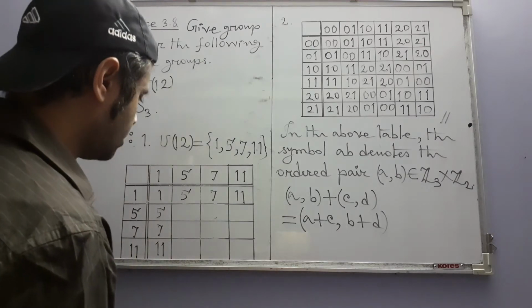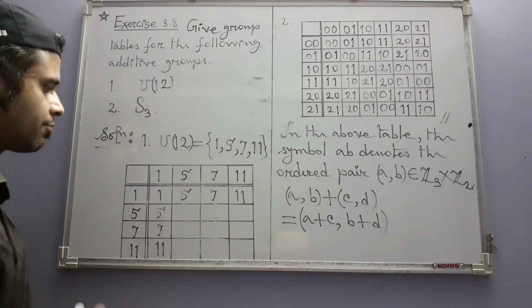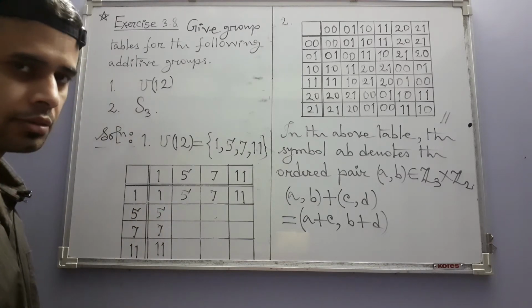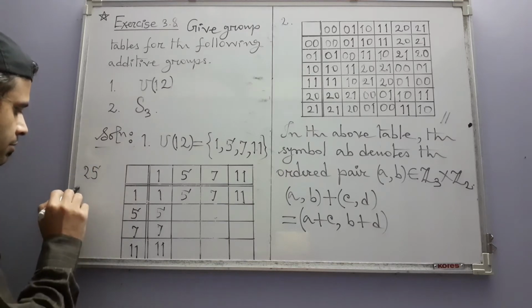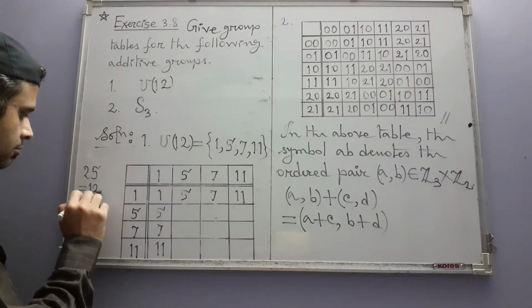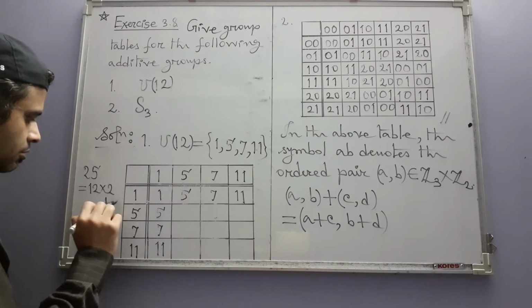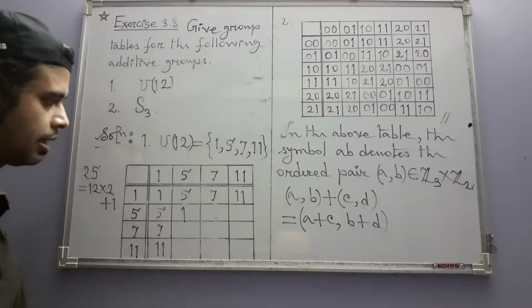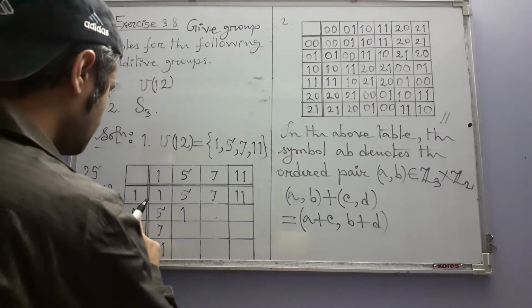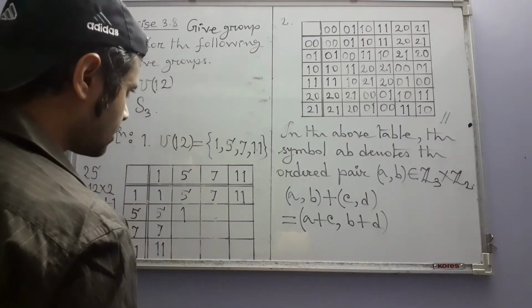Okay, now next, 5 times 5 is 25. Now when you divide 25 by 12, the remainder is 1, so 1 is the answer. 5 times 7 is 35.